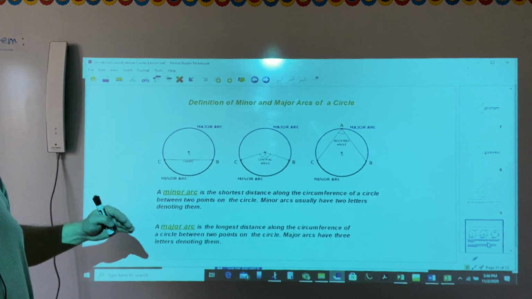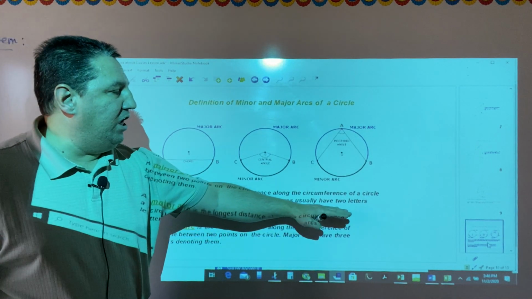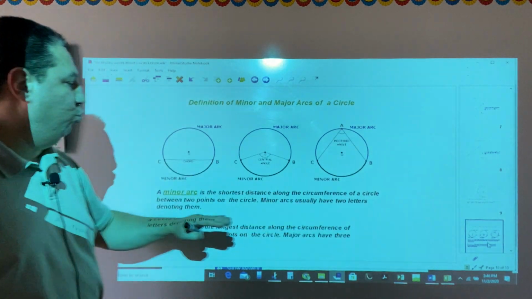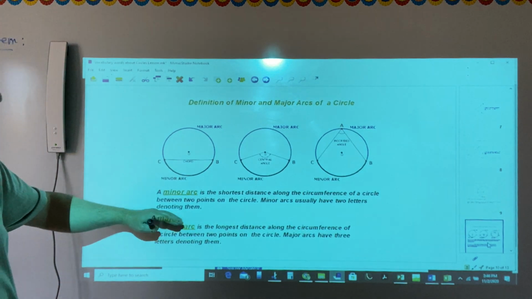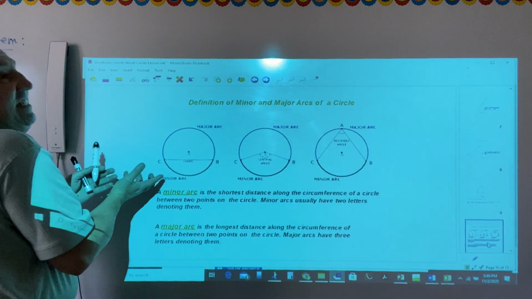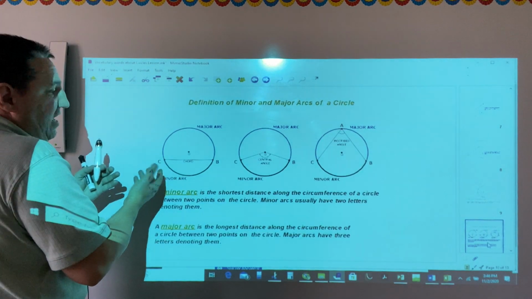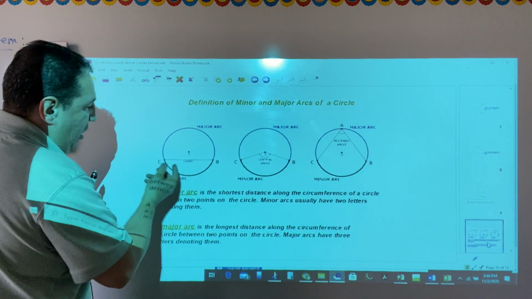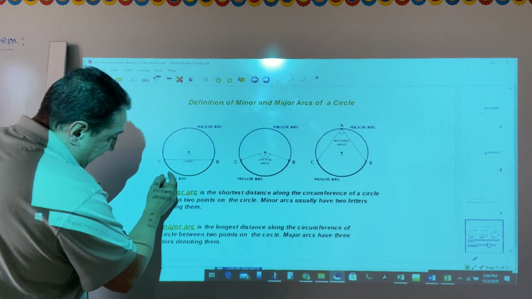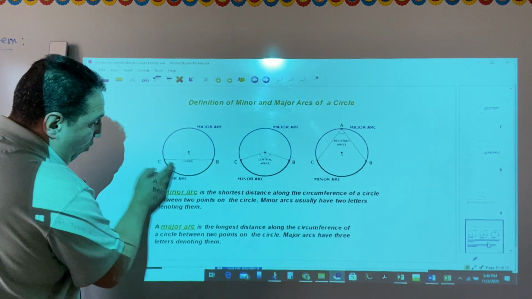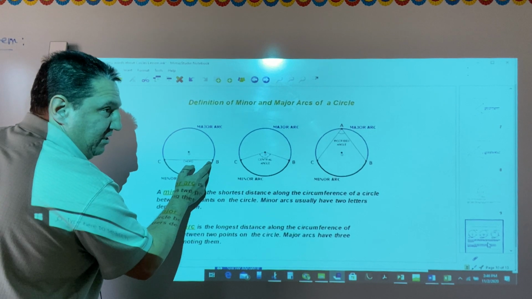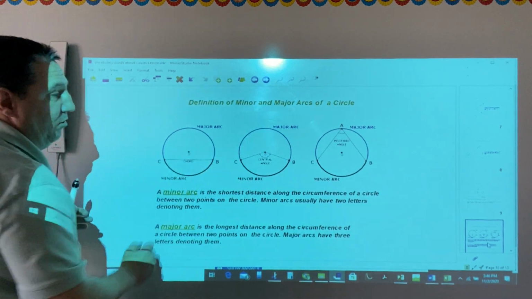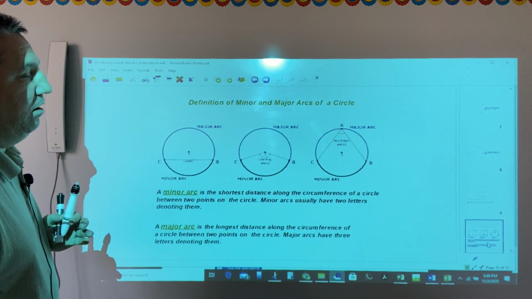Minor arcs are usually denoted by 2 letters. For example, this is the shortest distance between 2 points on a circle. In this case, this is a minor arc. Why? Because this is the shortest distance between C and B. Good.